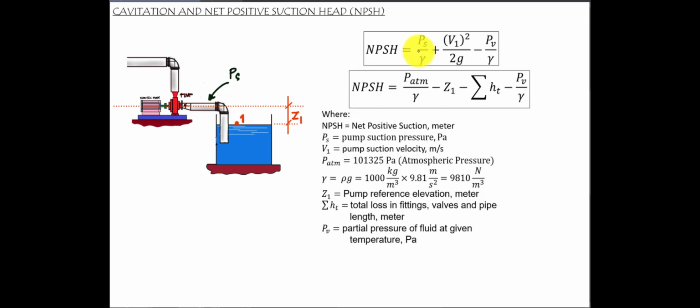Since we are not given the pressure at the suction initially, we'll try to derive it from the given velocity triangle to get the value of the suction pressure.